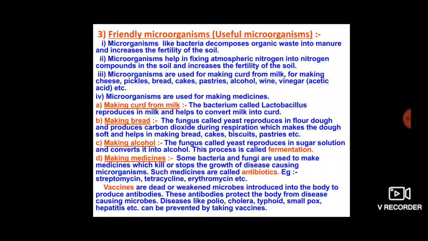The next one is, already I gave you one example, that is the conversion of milk into curd. See children, these microorganisms are used for making curd from milk, as well as for making cheese, pickles, bread, cakes, even in the extraction of alcohols and wines.